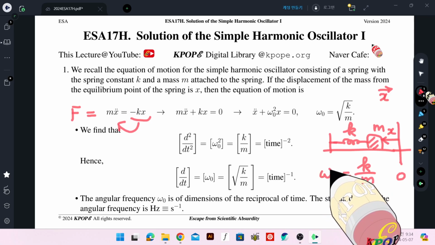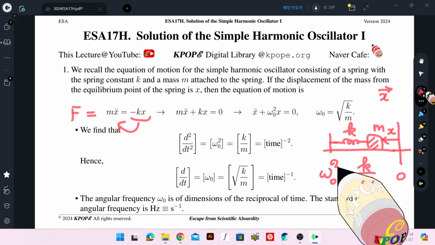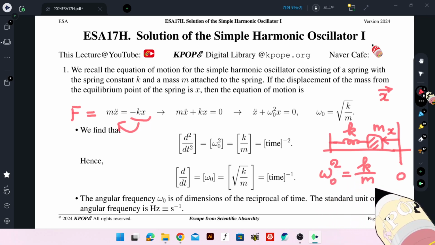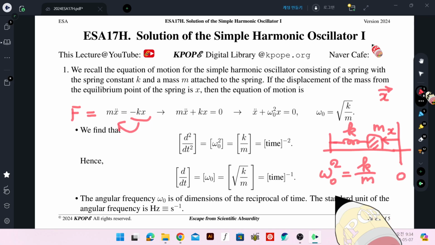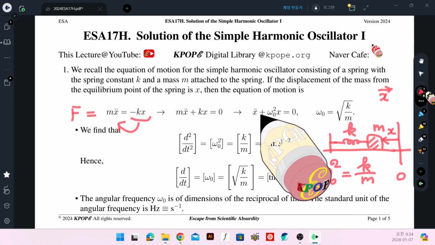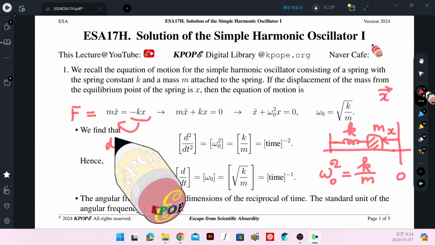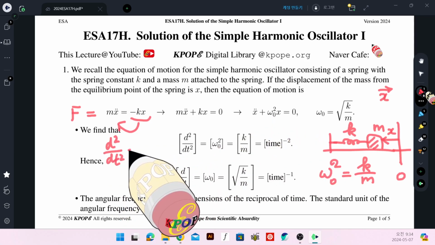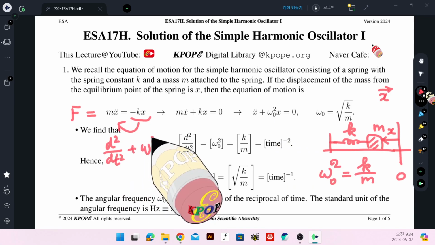We define this to be omega 0 squared. We should find that this omega 0 has the dimensions of the reciprocal of time.